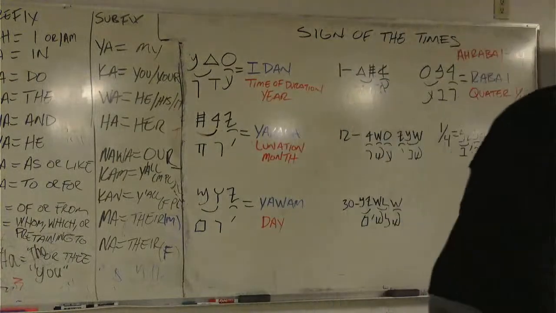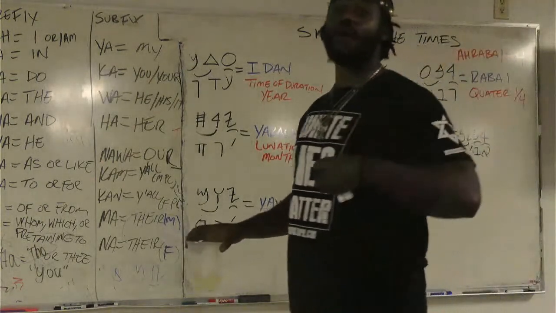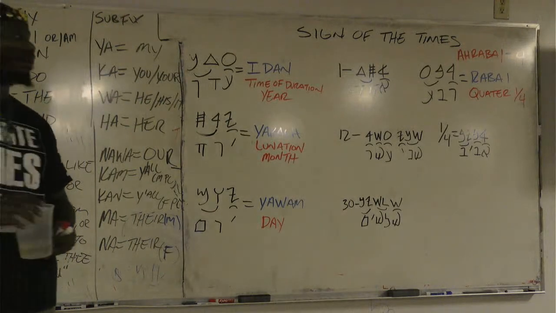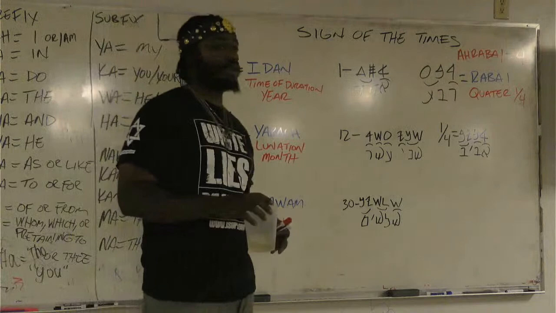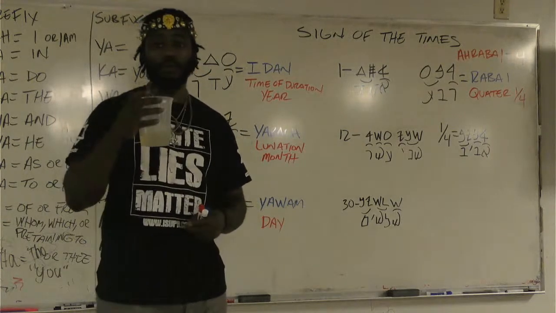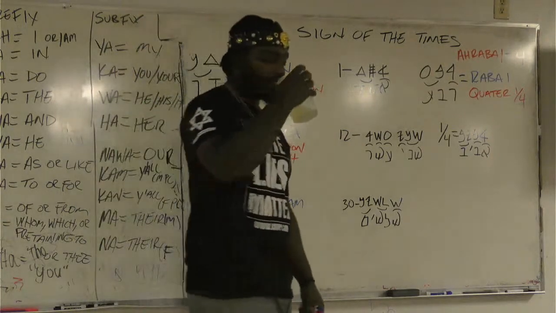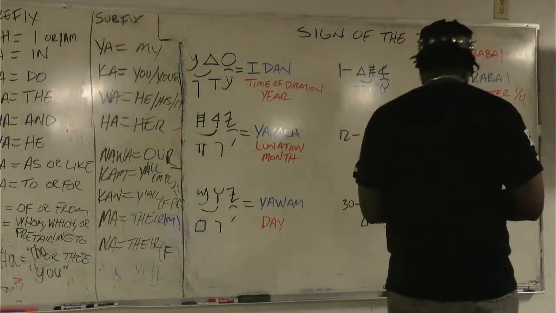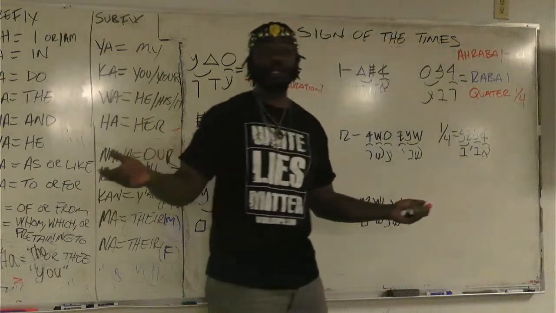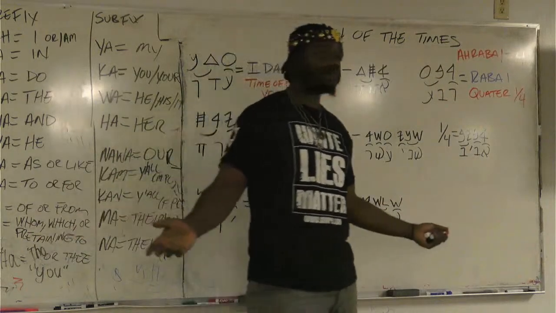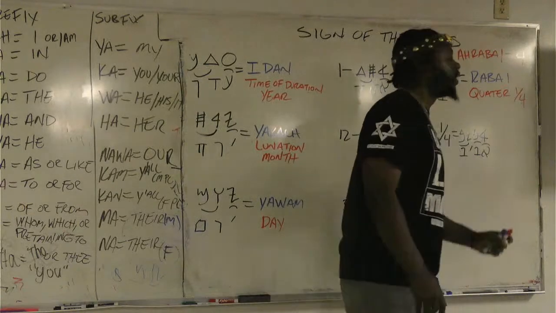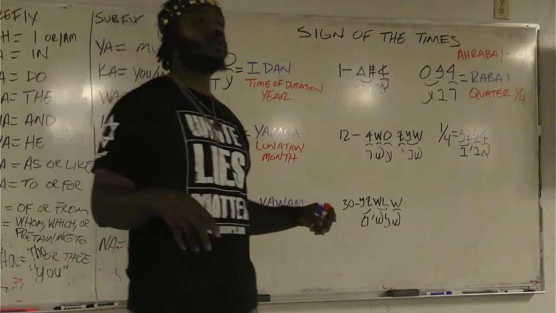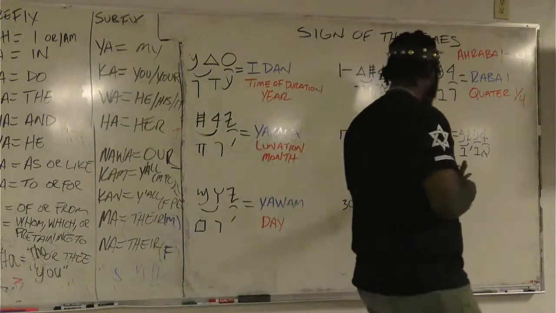Does anybody know why? In just our knowledge of the 4 quarters of the year, what would be the first quarter of the year? Spring. Give that brother a hand. That's how we know that it's the new year. Because Abiyab literally translates to green corn, or green ear corn.